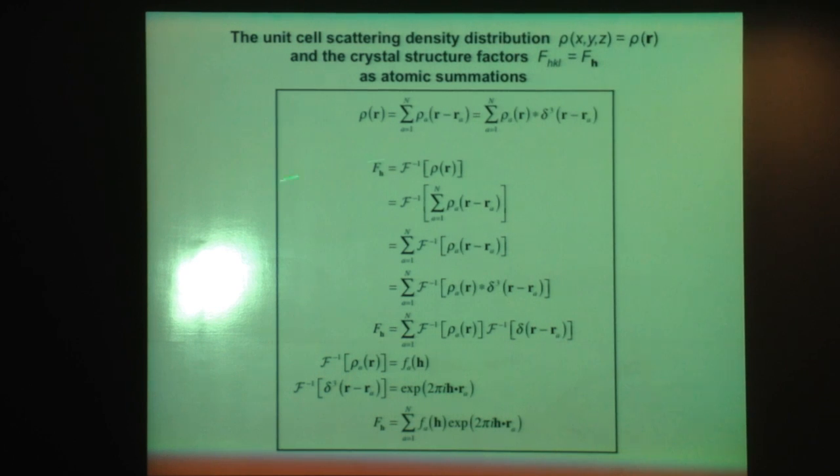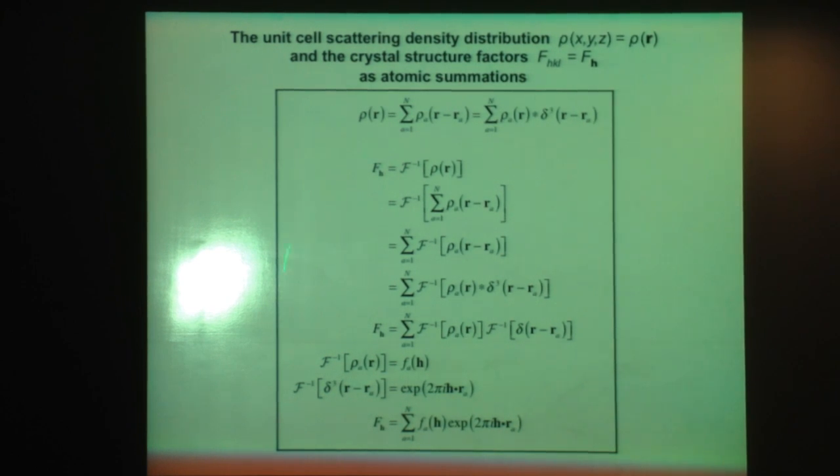So the structure factor is the Fourier transform of the density. We replace the density by this expression, down here. And then what this comes to is the Fourier inverse of this delta function, a function which has very interesting properties that we'll perhaps learn more about later, and the Fourier inverse of the atomic electron density distribution.